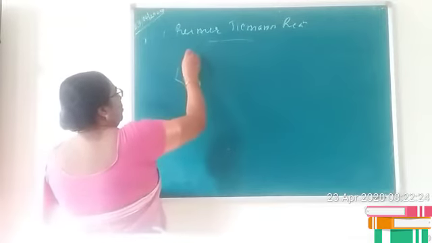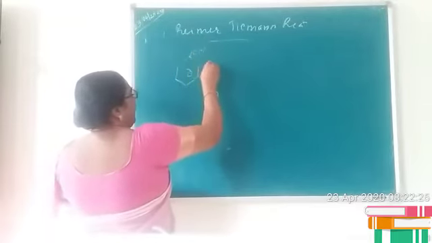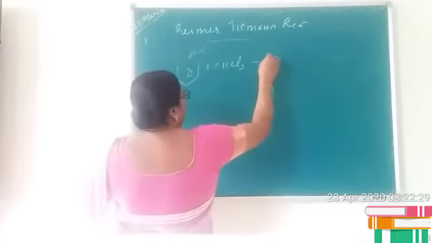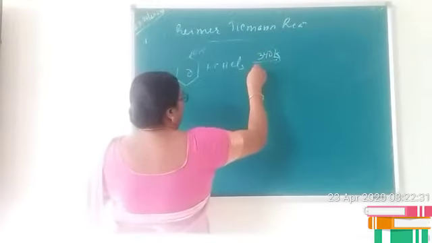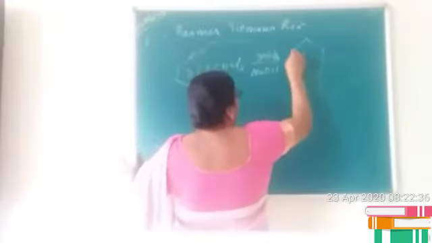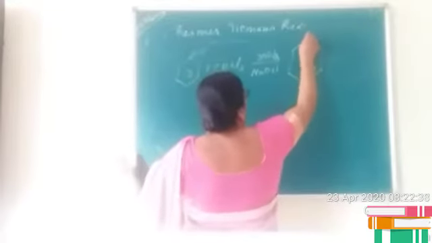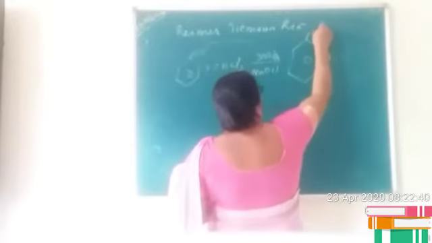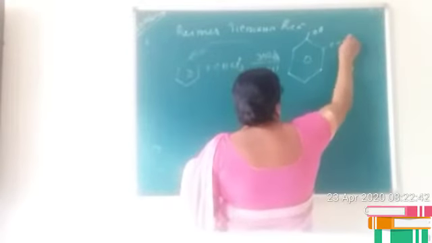undergoes reaction with chloroform. It reacts with chloroform at about 340 Kelvin in the presence of sodium hydroxide, and you will be getting salicylic aldehyde as the product. Is it clear?